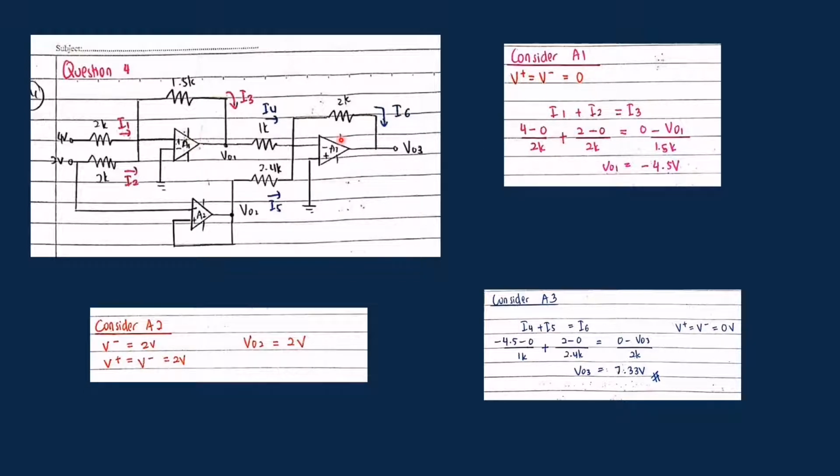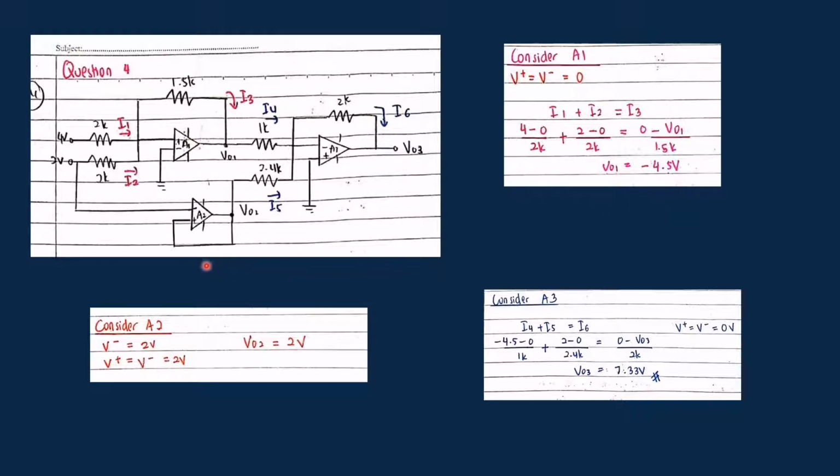To find the V01, I use current in and current out. I consider this is I1, this is I2, and this is I3. So current in is I1 plus I2, and current out is I3. I substitute all the values and get the final result of negative 4.5 volt.